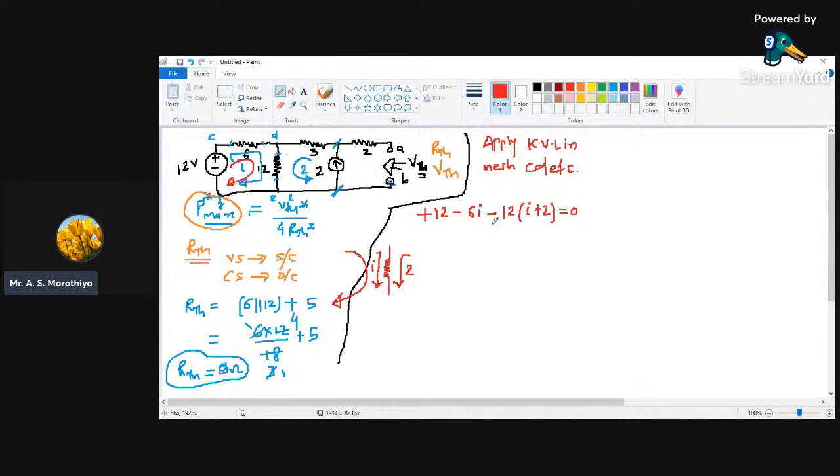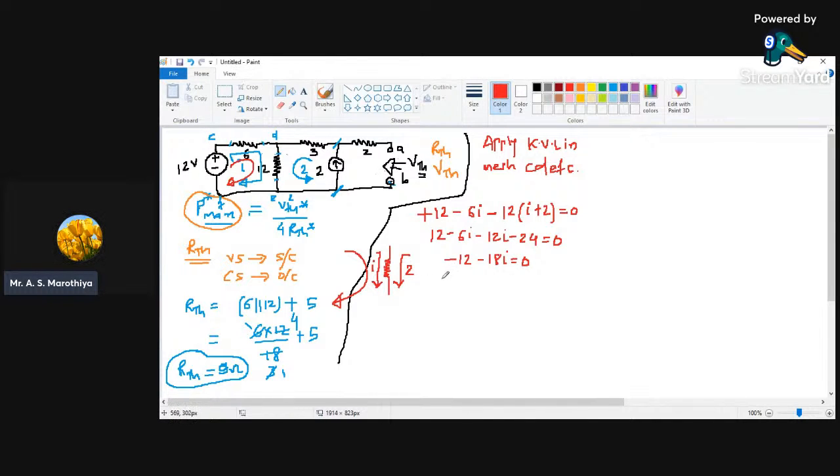Now solve this particular equation for I. So I can write here 12 minus 6I minus 12I minus 24 is going to be equal to 0. Or I can further solve this. So I can solve this as 12 minus 24, it is going to be minus 12. Then minus 6 minus 12, it is going to be minus 18I, equal to 0.